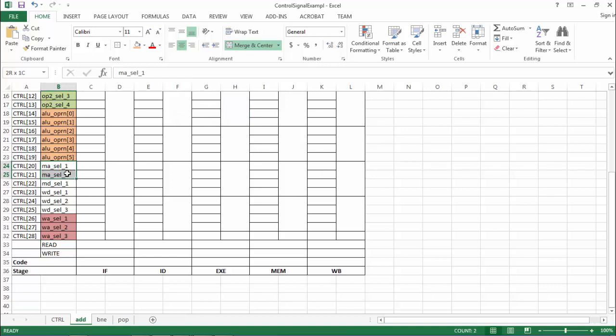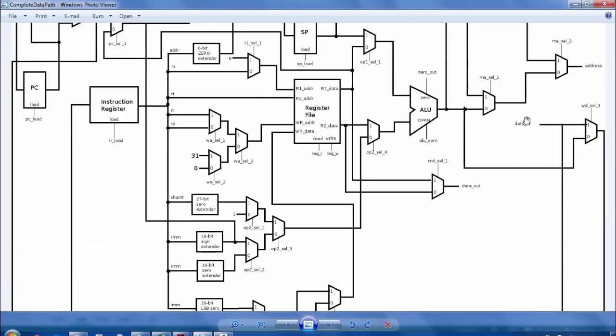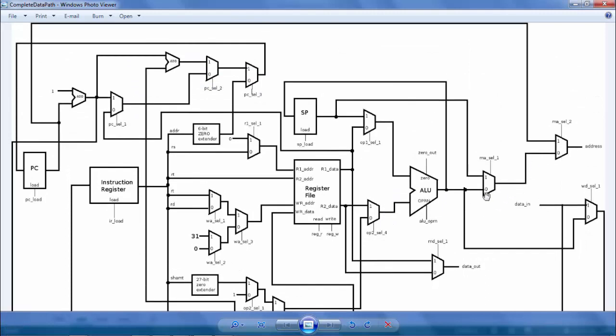And we have two more. One is the memory address selection. Memory data selection is standalone by itself, and write data selection. So memory address selection 1 and 2, what are they? They are right here, these two multiplexers. It is the address that is going out to the memory device. It can be from my PC, which is used for the address to read an instruction.